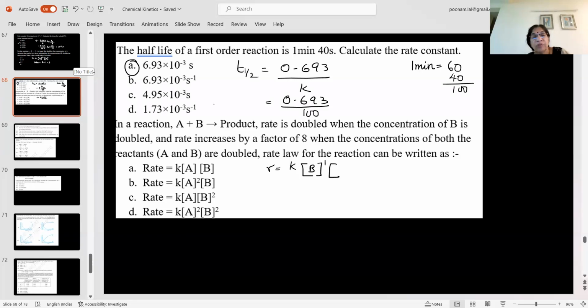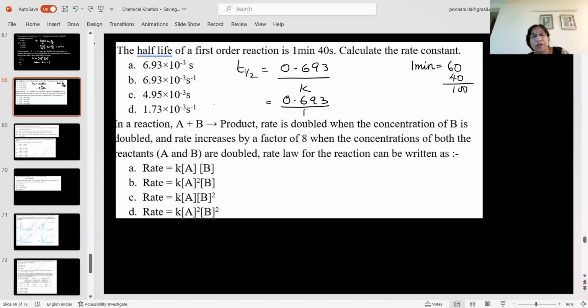What will be the answer? Can you tell me? See, there are two ways of doing this question. It's increased by a factor of 8 when the concentration of both the reactants A and B are doubled.